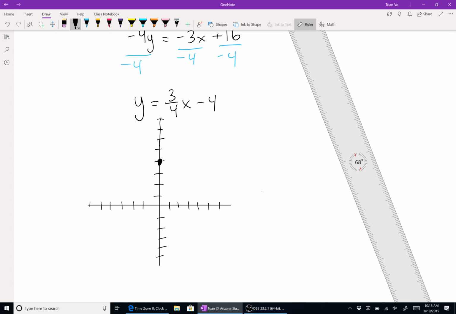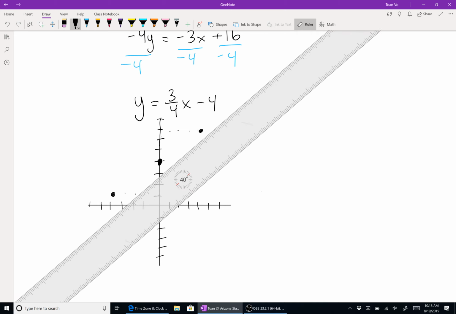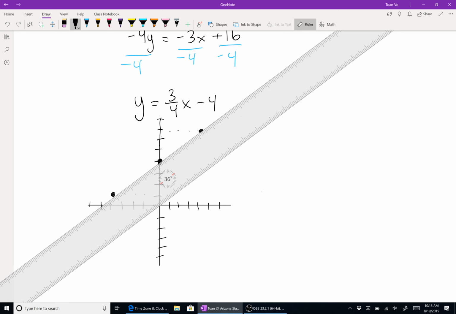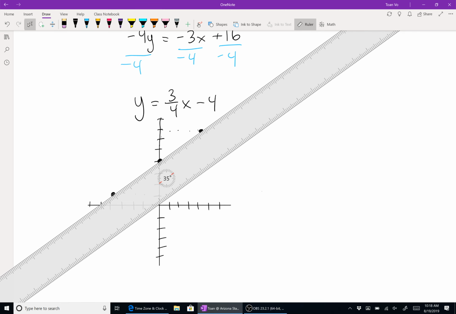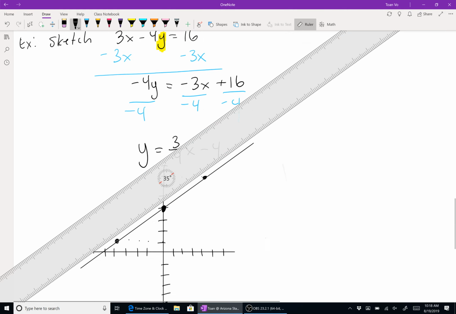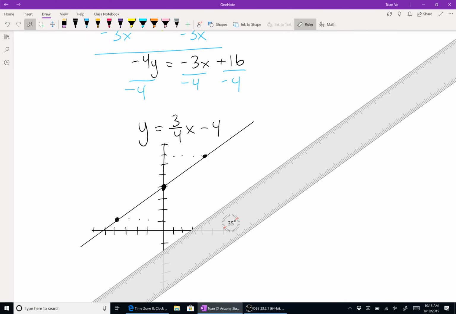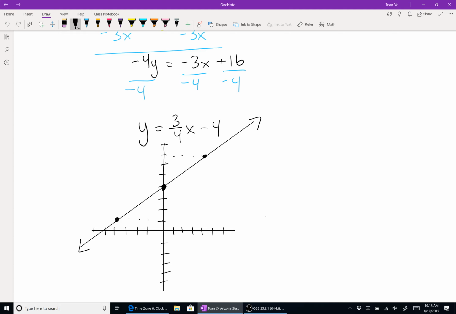Slope of positive 3/4 is up 3, right 4, or down 3, left 4. Connect the dots. And there is your line.